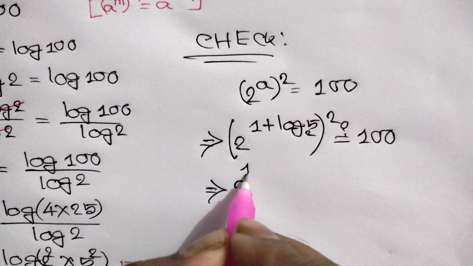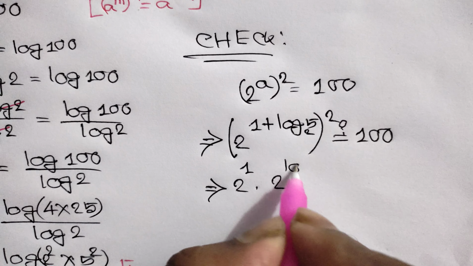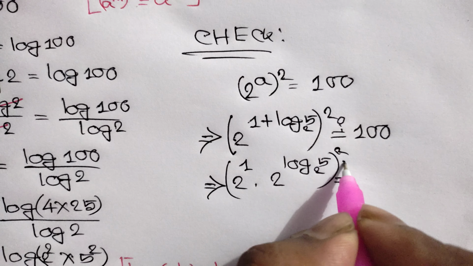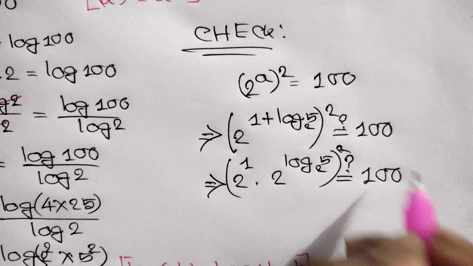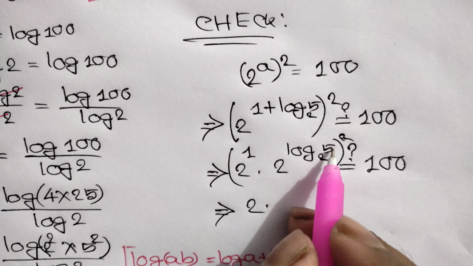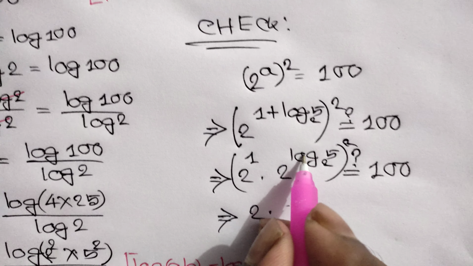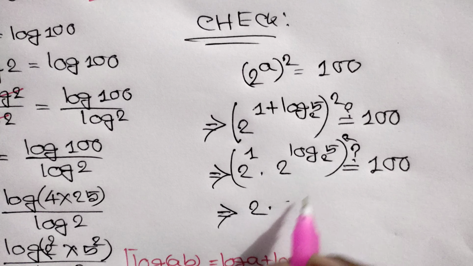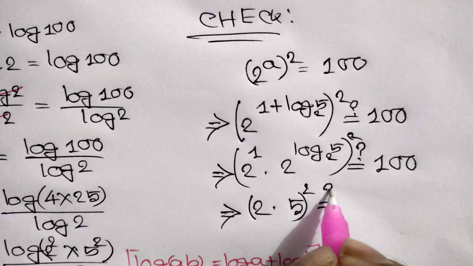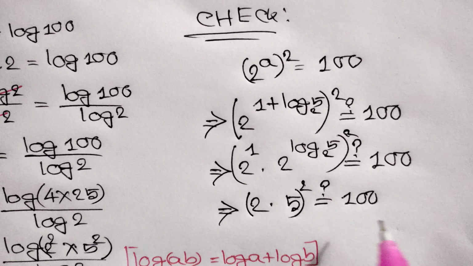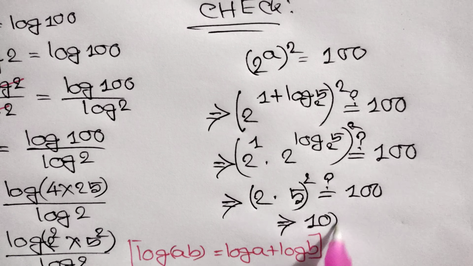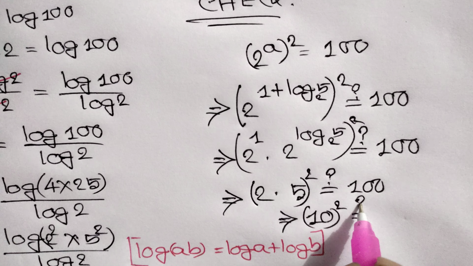Now we can write (2 to the power 1 times 2 to the power log of 5 base 2) whole square is equal to 100. 2 to the 1 means 2, times, here we will get 5, because 2 to the power log base 2 of 5 is 5, whole square is equal to 100. 2 times 5 is 10, square is equal to 100.